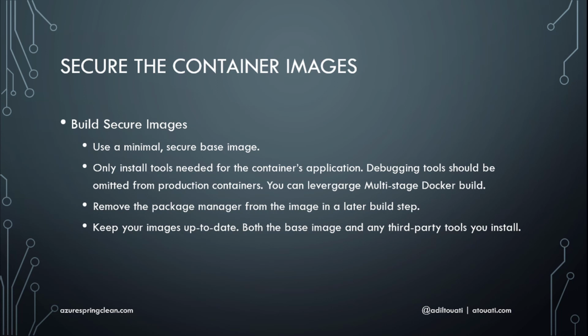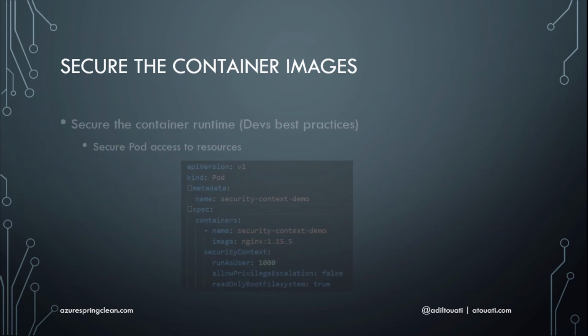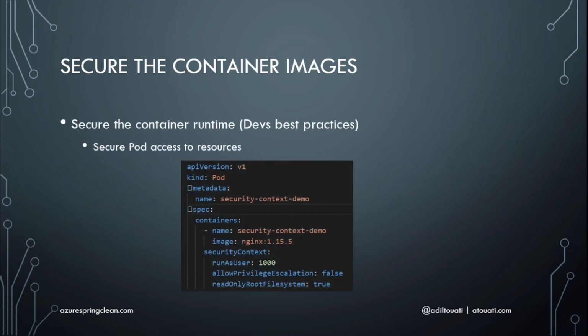Another way of attacking the cluster would be to break out of the container and try to get access to the host itself, to read data of other containers or the configuration of the kubelet in order to further attack the cluster and get escalated privileges. You can mitigate this by leveraging the following common security context definitions.